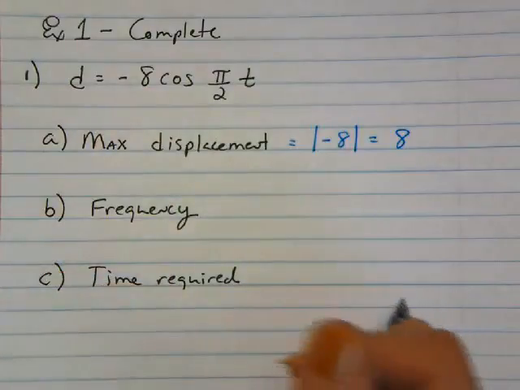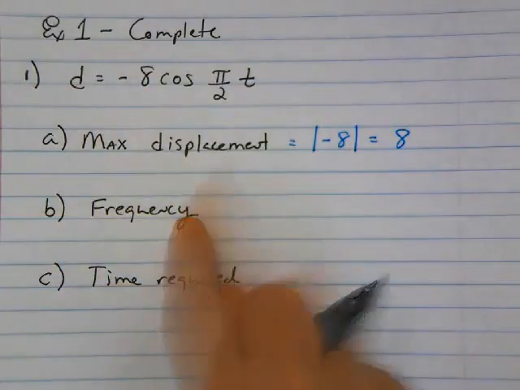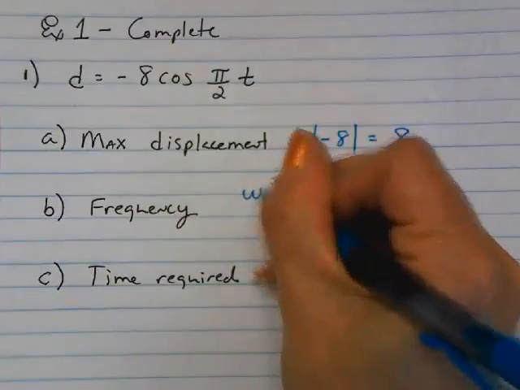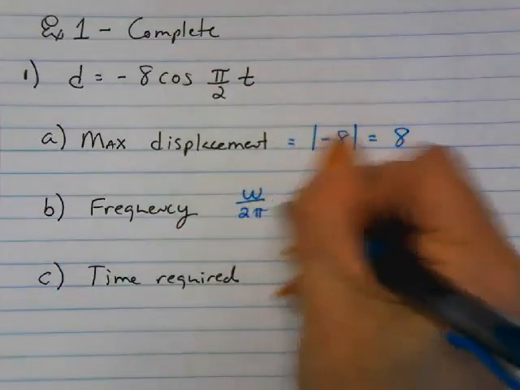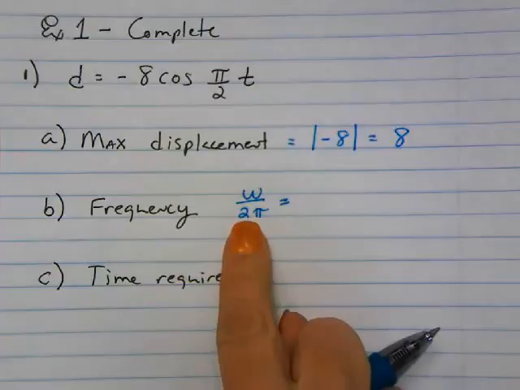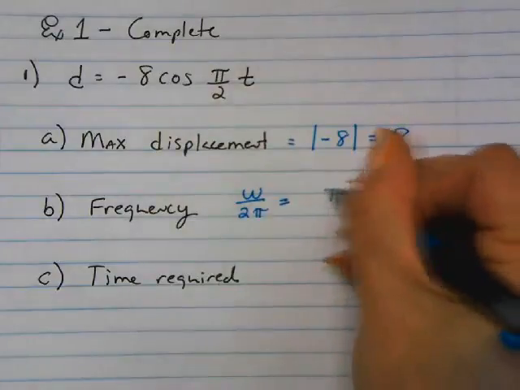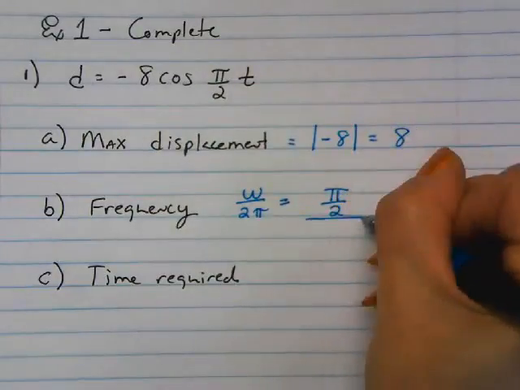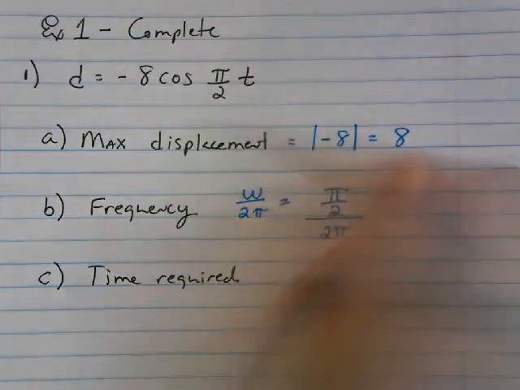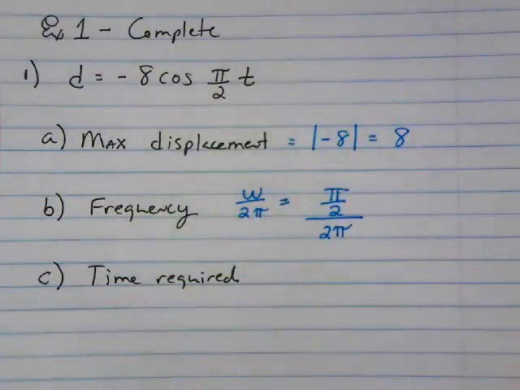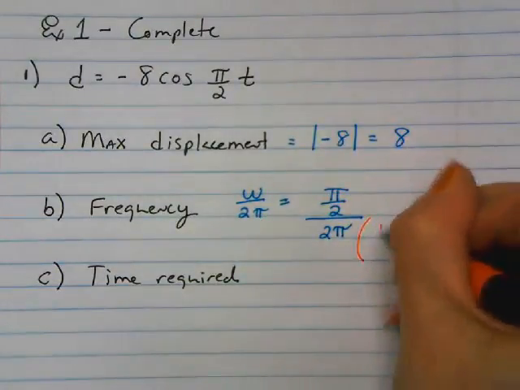Okay? The frequency, remember, is defined as W over 2 pi. So where is W located? W is located right here. So I'm going to do pi over 2 all over 2 pi. Now, complex fraction, can't leave it, so I'm going to go ahead and multiply by the reciprocal.